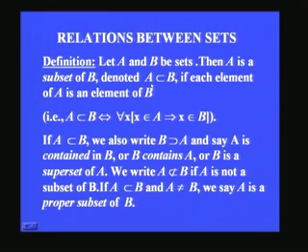This is denoted as A contained in B. If each element of A is an element of B, that is A contained in B is equivalent to saying for all x, x belongs to A implies x belongs to B.